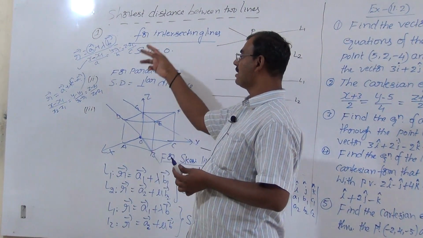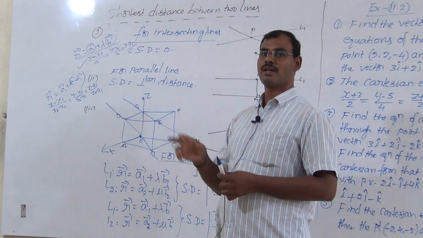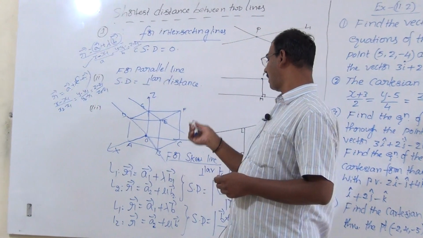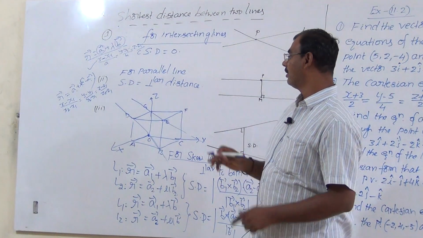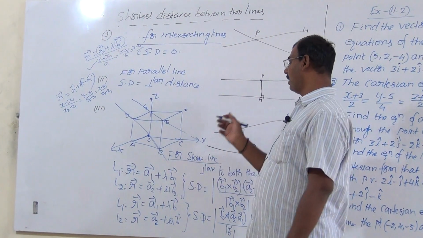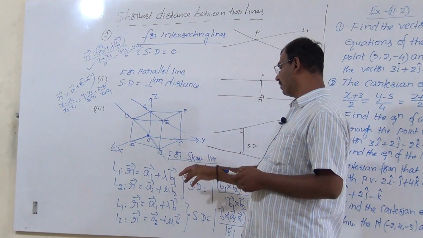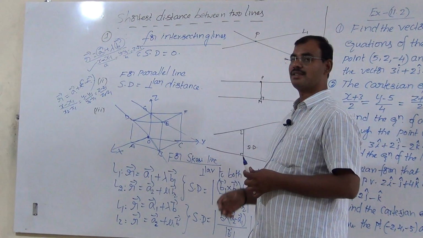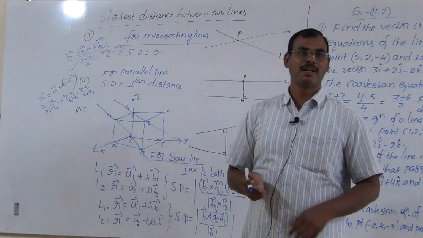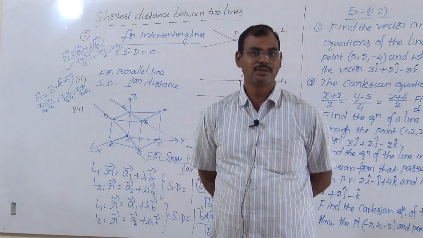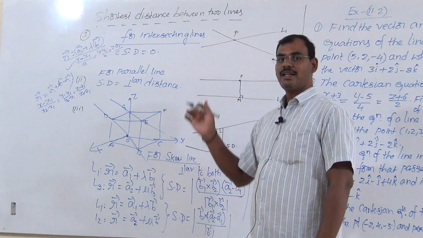So if two lines are given, what is the angle between the two lines in vector form? cos theta is equal to b1 vector dot b2 vector divided by magnitude of b1 vector into magnitude of b2 vector. Next, in Cartesian form, cos theta is equal to a1 a2 plus b1 b2 plus c1 c2 divided by square root of a1 square plus b1 square plus c1 square into square root of a2 square plus b2 square plus c2 square.